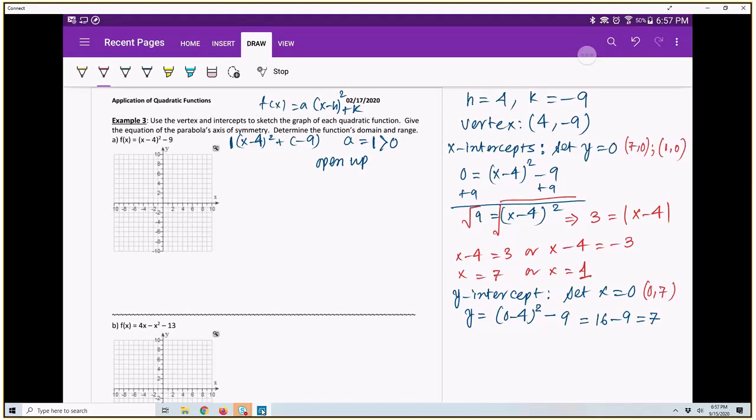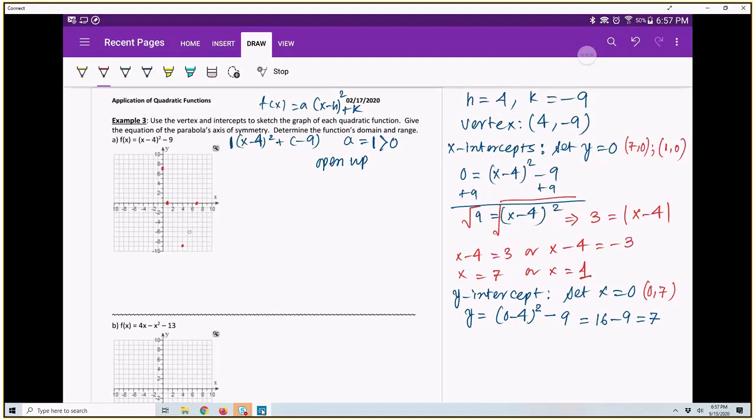Okay, so I'm pretty set. I'm going to first write down the vertex of the parabola at (4, -9), so x equal to 4, y equal to -9 should be here. That's the vertex. The parabola opens up. The x-intercepts are (7, 0) and (1, 0), and the y-intercept is at (0, 7).